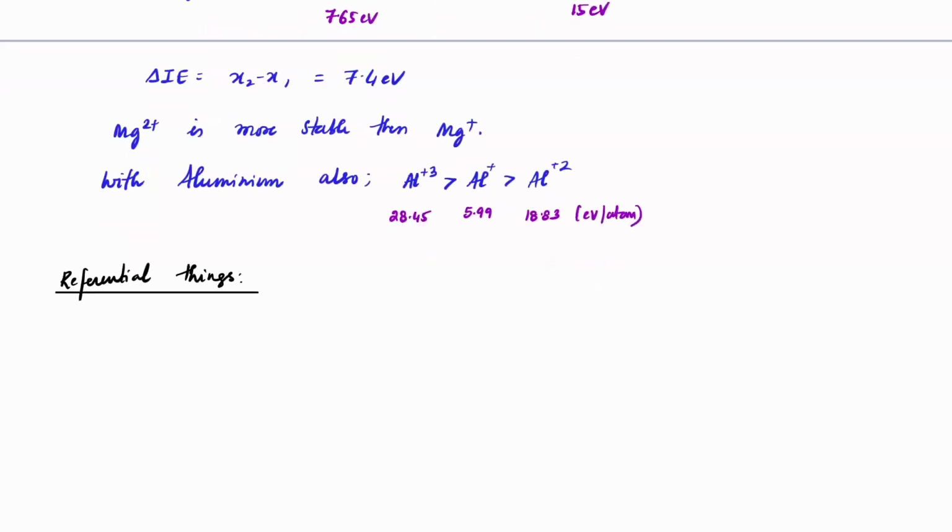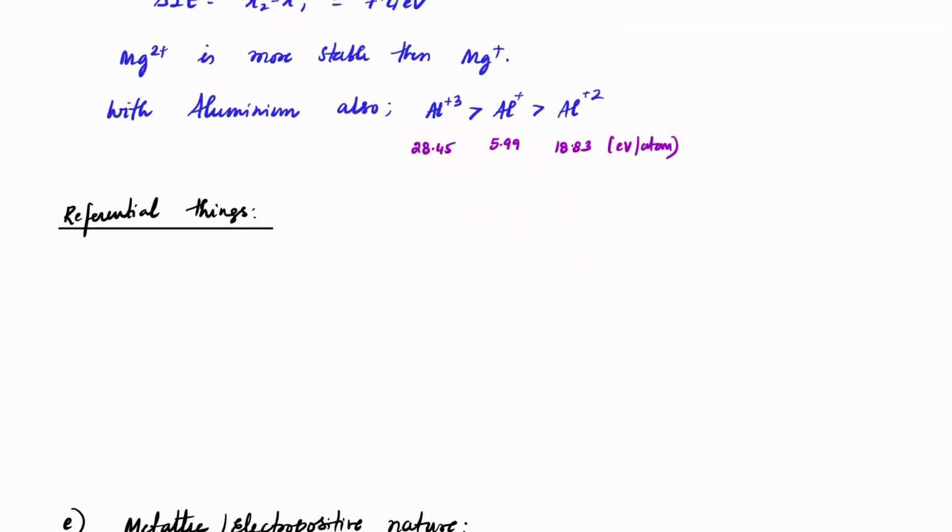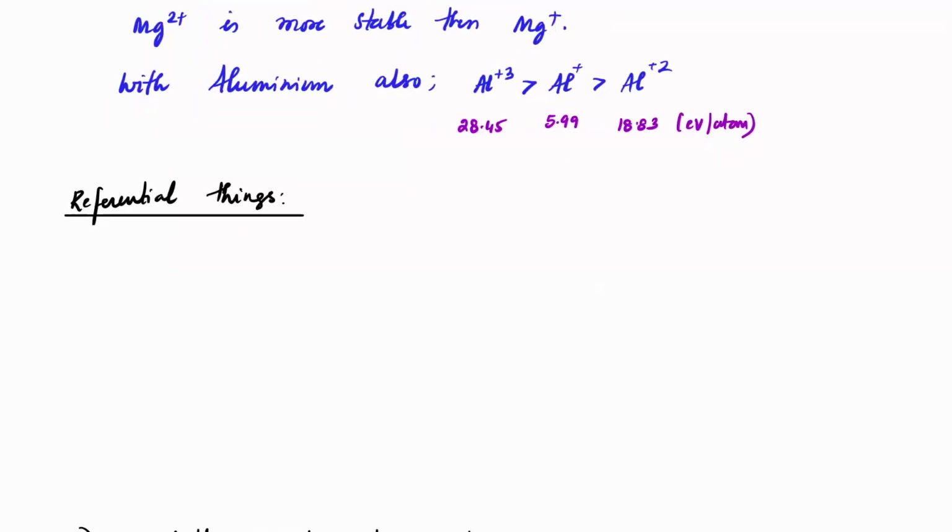Okay. Now, just to keep a reference of all the ions which we just discussed, let me quickly put those pointers here. So first, lithium is less than boron, less than beryllium, less than carbon, less than oxygen, less than nitrogen, less than fluorine, less than neon.